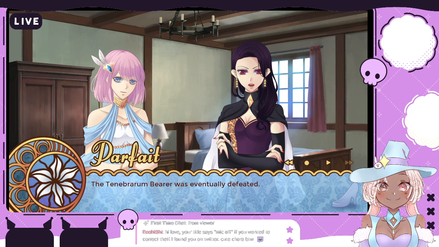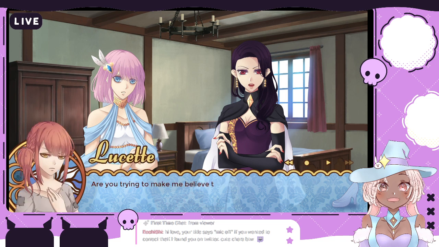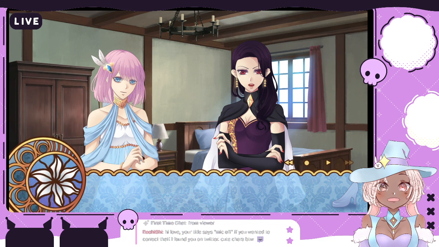The Tenebrarum Bearer was eventually defeated. The Great War was ended with the help of an unexpected ally, but many lives were lost. The good witches suffered horribly. We still have to stay hidden in hopes of having any kind of peace. Are you trying to make me believe that there are good witches?